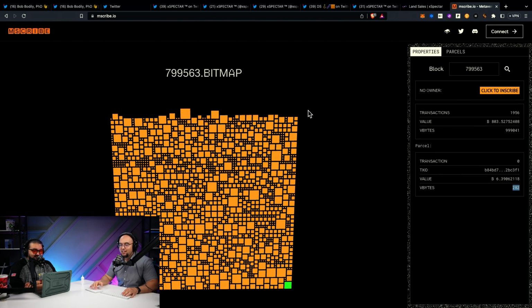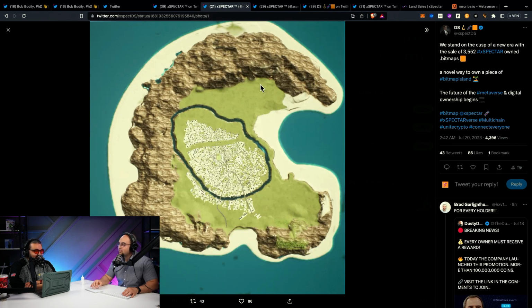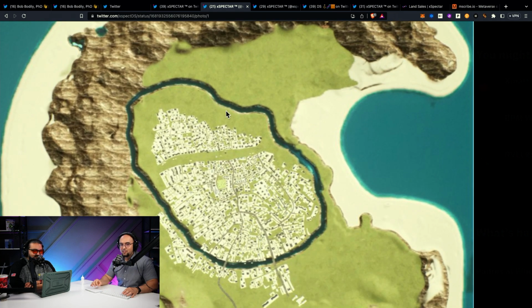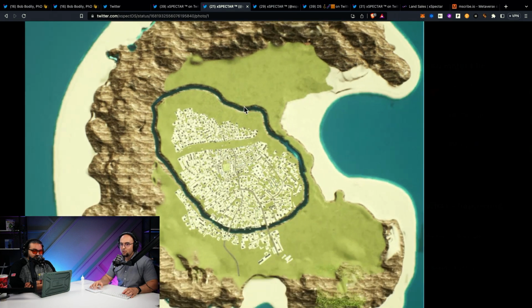Yes, and that is the reason why the parcel inscription standard was created in the first place. Exactly, it's to support exactly that. Now the owner of this bitmap in the xSpectre ecosystem can create a community in 3D. The whole ecosystem is aligned with the standard so developers can introduce more technical frameworks, so we can build applications and service these people.